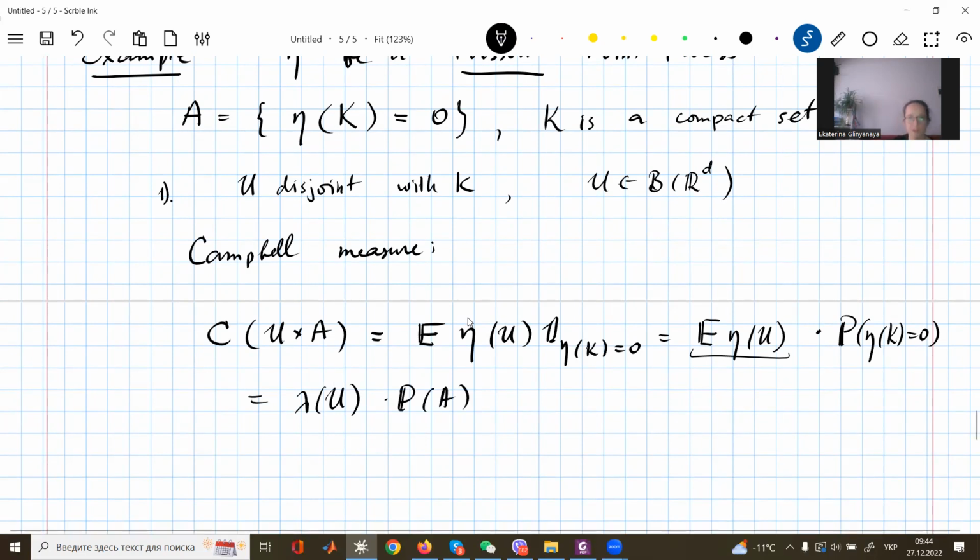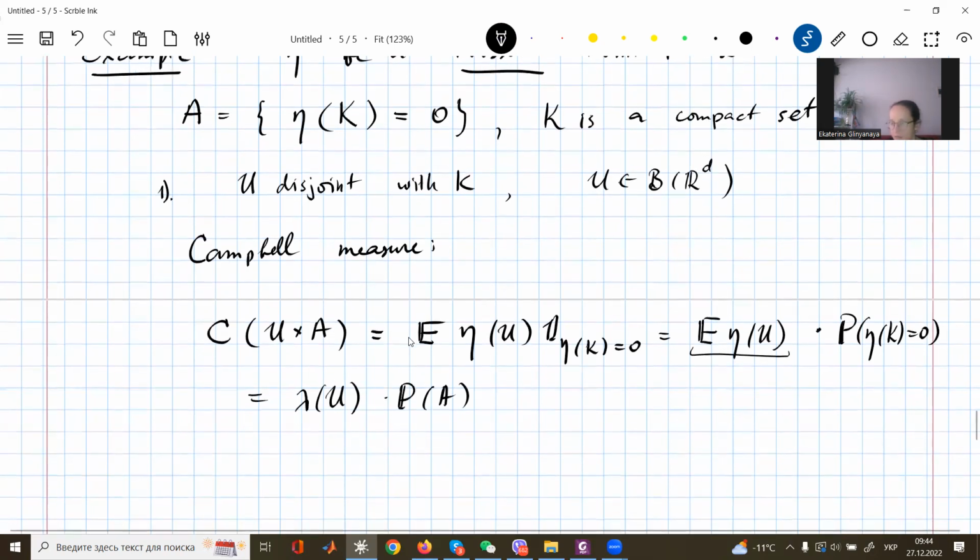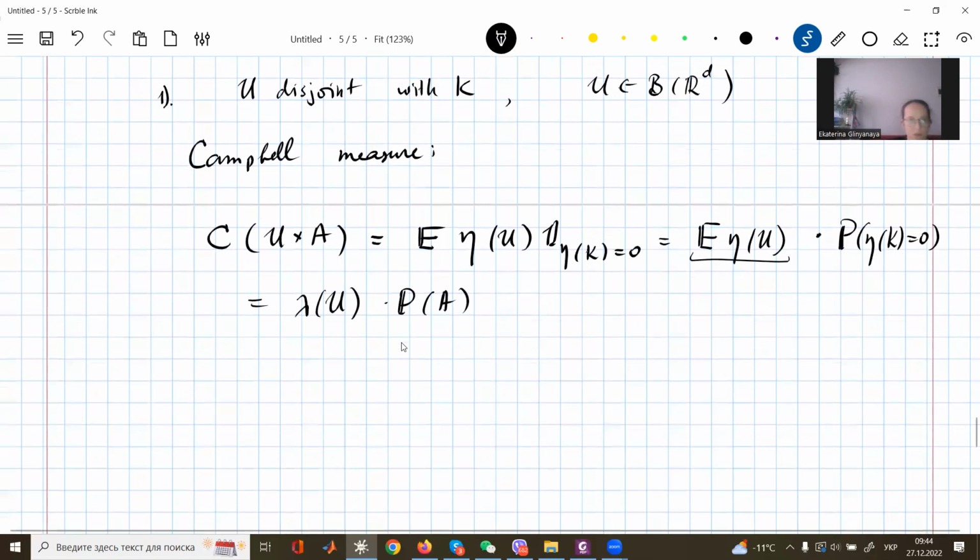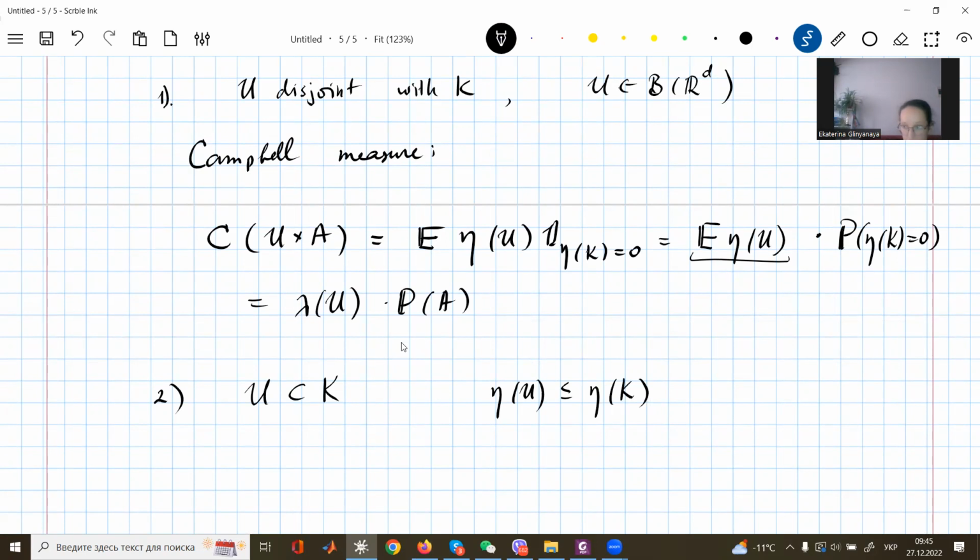This is event A. Now, if I take the subset U that is a subset of compact set K, then from this we can see obviously that the number of points in U is less or equal than the number of points in subset K. So the Campbell measure in this case is equal to again eta of U times the indicator of eta of K equal to 0.